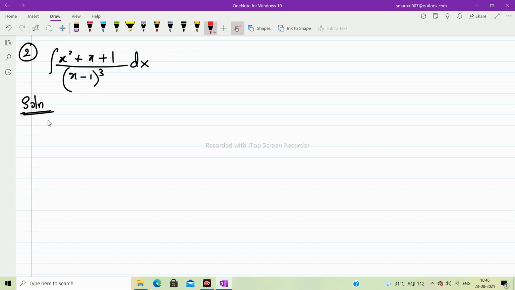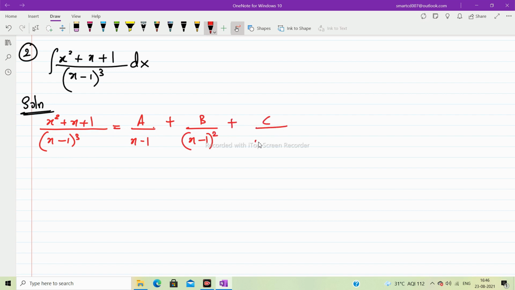So what I'll do is I'll express this x square plus x plus 1 upon x minus 1 the whole cube as a upon x minus 1 plus b upon x minus 1 the whole square plus c upon x minus 1 the whole cube.